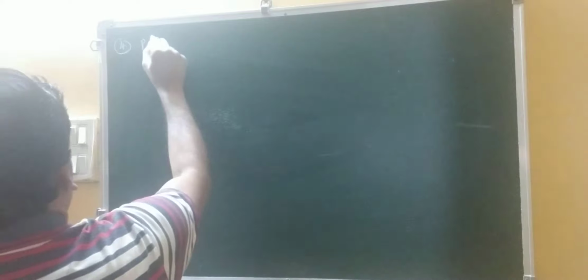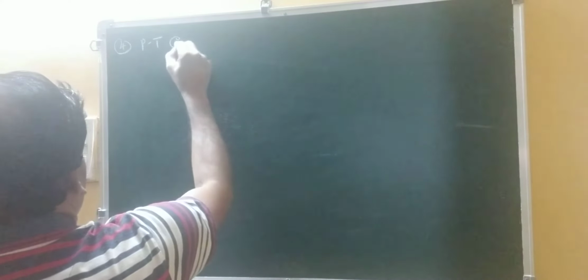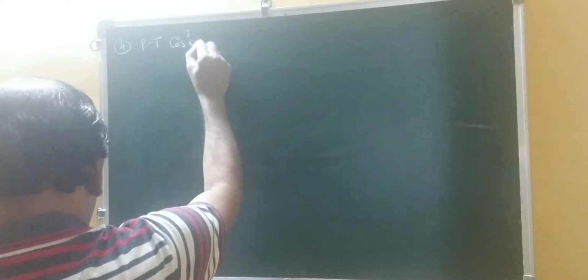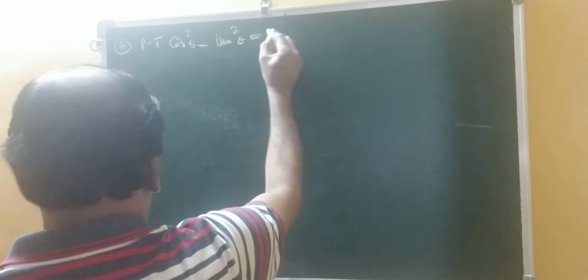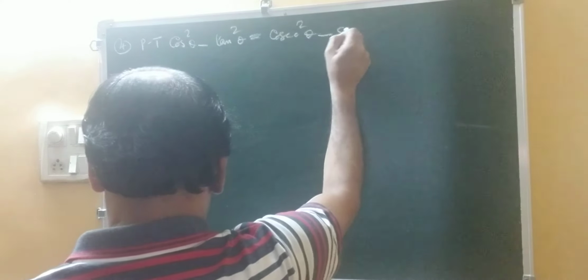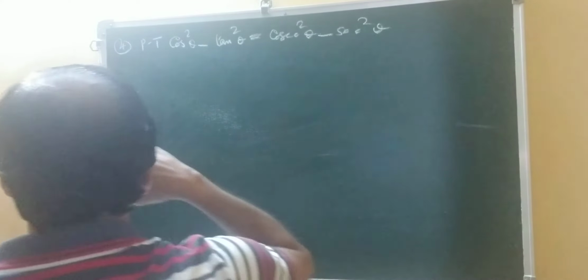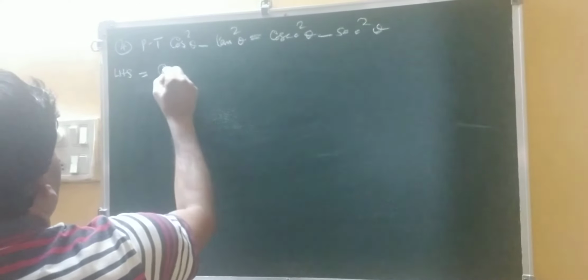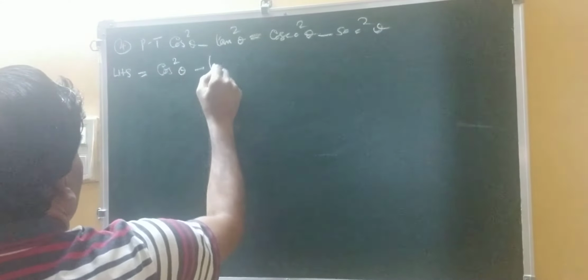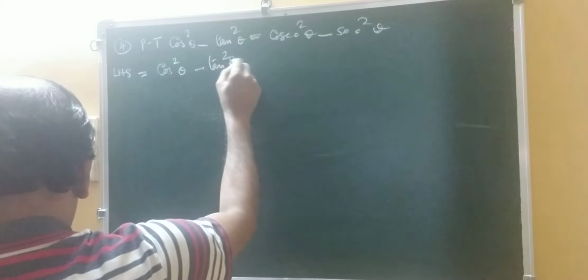Fourth sum. Prove that cot square theta minus tan square theta equal to cosec square theta minus sec square theta. So as usual we will take left hand side equal to cot square theta minus tan square theta.